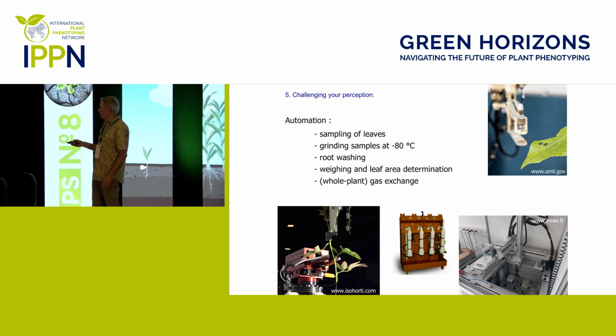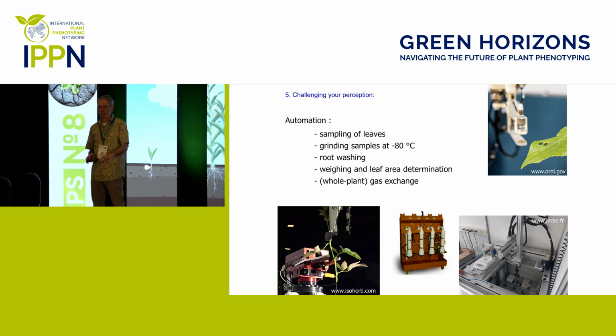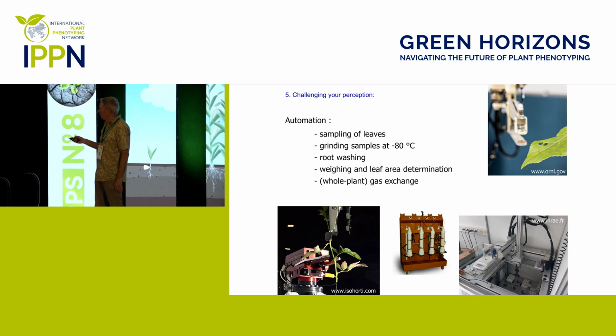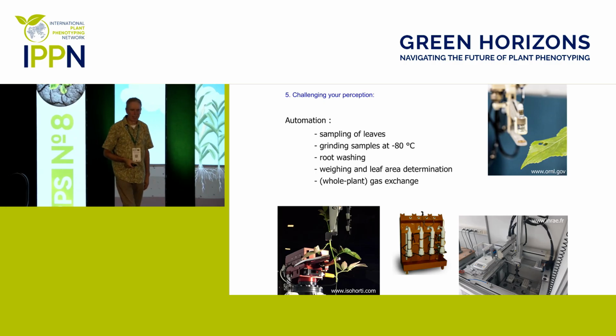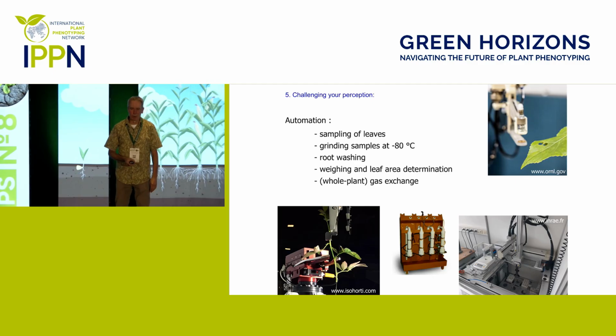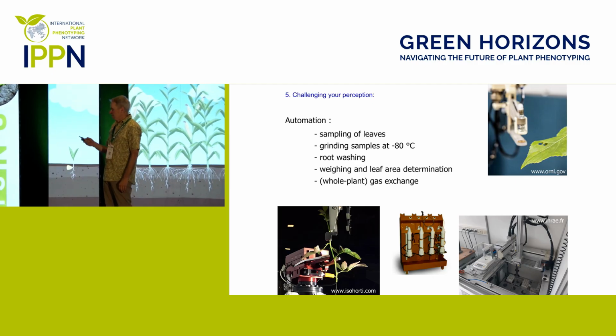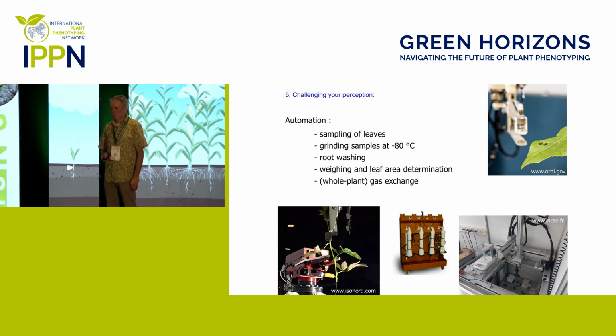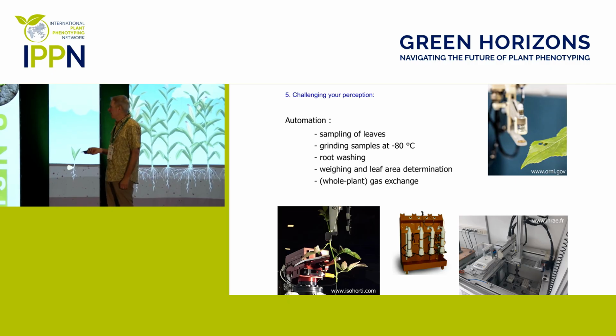I would say if you have machines that can sample the leaves automatically and put them in the minus 80, or machines that can grind samples at minus 80, or for example do the root washing, how many hours per year are basically wasted in root washing? And if I dream, I would say even machines that can chop up the plants and determine the leaf area and do the weights. There's a lot of boring stuff that can be automated, and that gives you a lot of hard information.